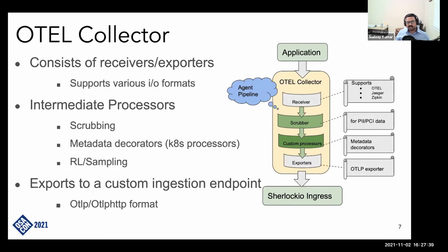As the data goes through your pipeline, you can massage the data, transform the data based on your needs, and then you can have things around rate limiting, sampling, and so forth. Finally, you write into some kind of output, which is also known as the exporter. We write all the trace data onto a Sherlock IO ingress endpoint.